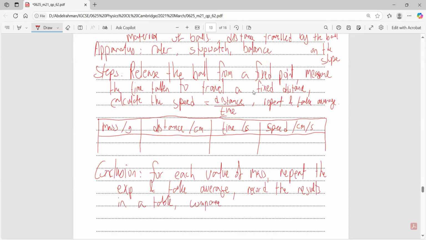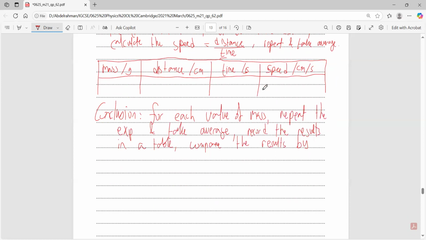How can you compare the results? You have to draw a graph, by plotting a graph of what? Of the mass versus the speed. And compare whether the mass does actually affect the speed or not. Okay?